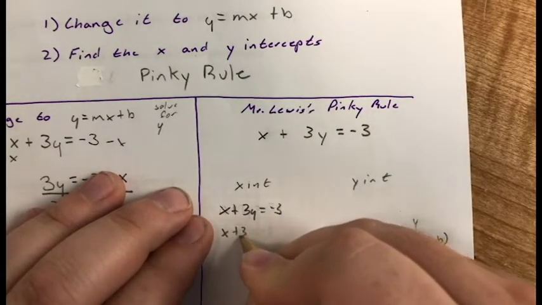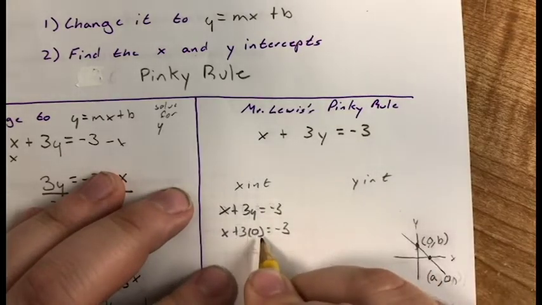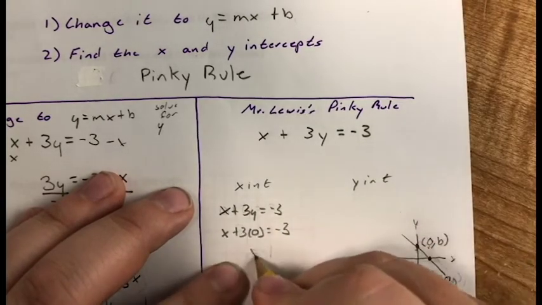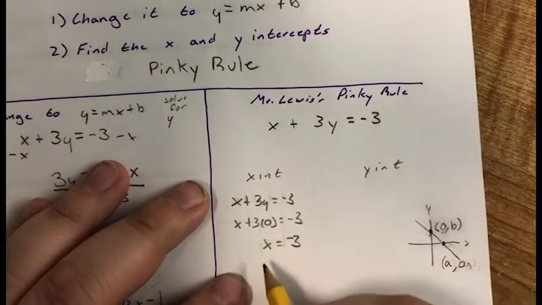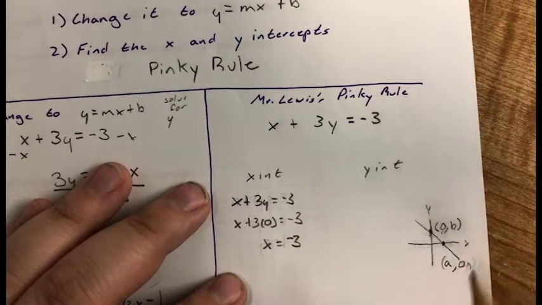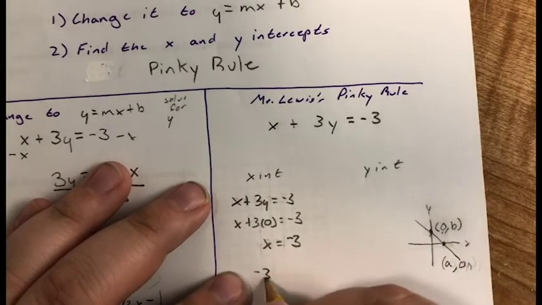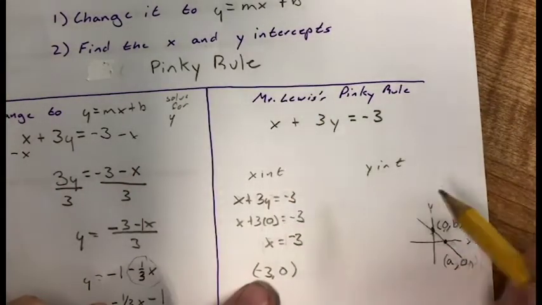So I get x plus 3 times 0 equals negative 3. Well, what's 3 times 0? It's 0. So that leaves me with x is negative 3. So what did I just discover? I just discovered that this point right here is going to be negative 3, 0. All right, this is my x-intercept.